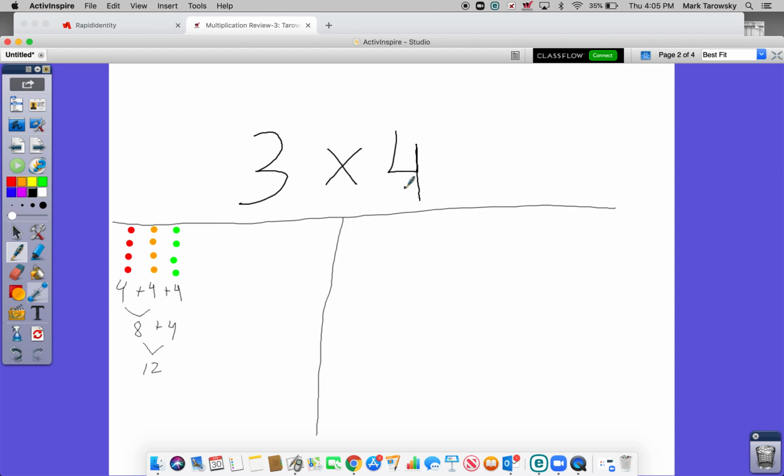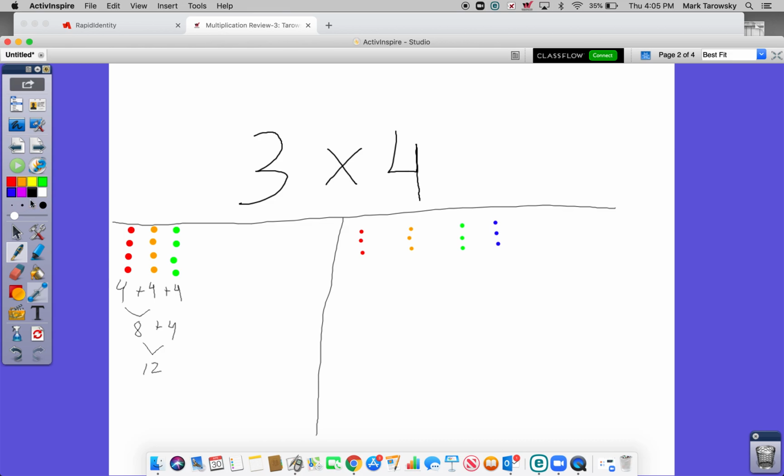Now if we think about this the other way as 4 times 3, or 4 groups of 3, I could give myself 3 reds, 3 oranges, 3 greens, and 3 blues.